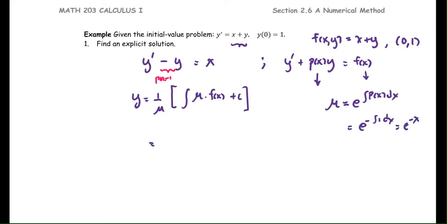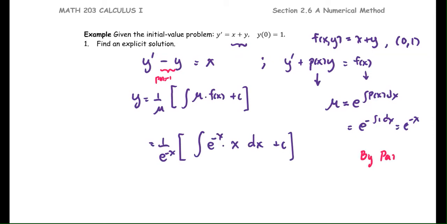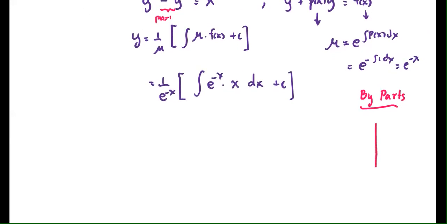Put it in the formula. So 1 over e to the negative x, integral of e to the negative x multiplied by the f of x, which is x, with respect to x, and then plus c. We see the product of the exponential and the x, so use integration by parts. It's convenient to see this done using the tabular integration by parts.